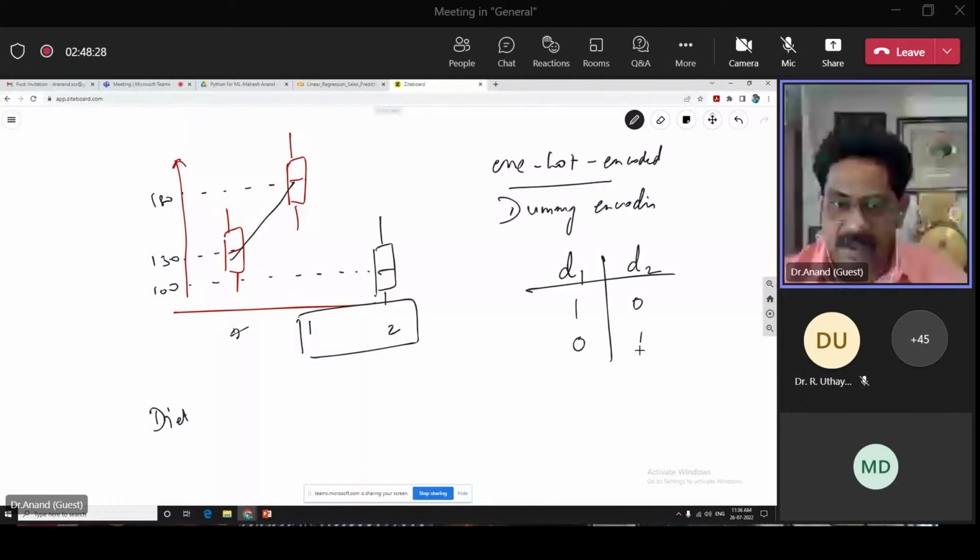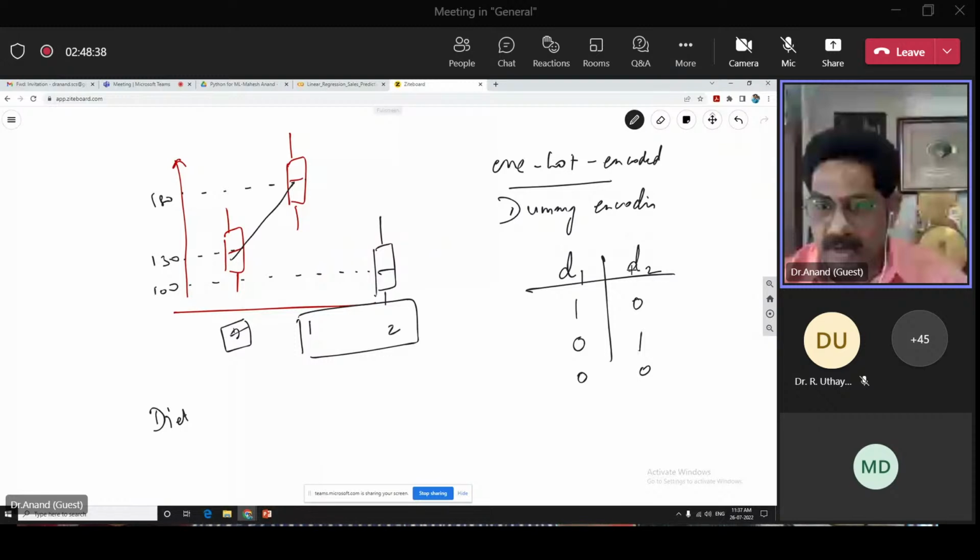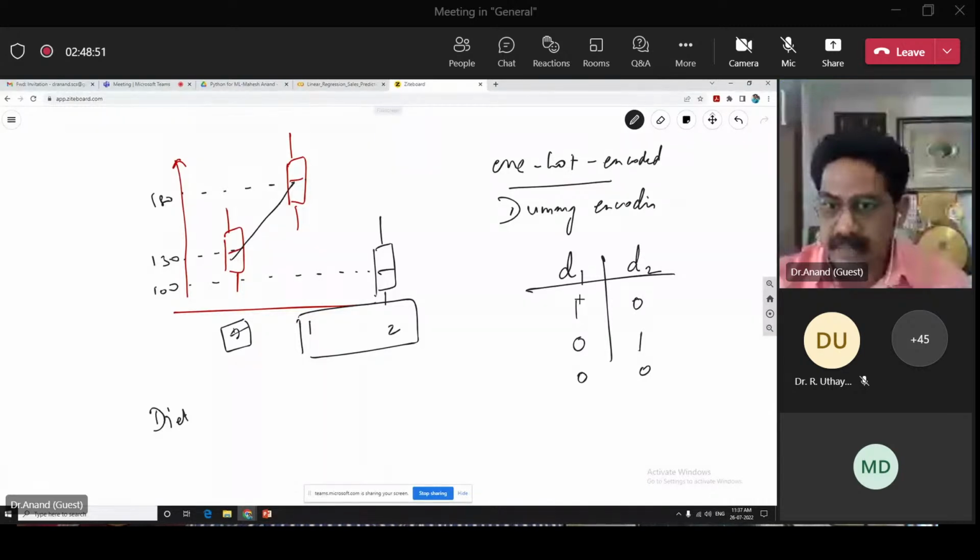Whenever I have the diet plan 0 label, I would say neither this nor this. That is why it is always the number of categories minus 1. So 0, 0 means the model will understand it is neither this diet plan nor this diet plan, something like a third category. 0, 1 means diet plan 2. 1, 0 means diet plan 1. This is dummy encoding.